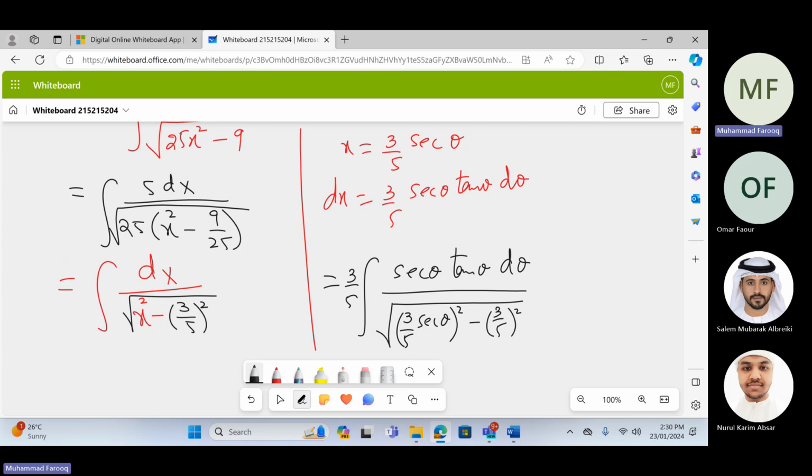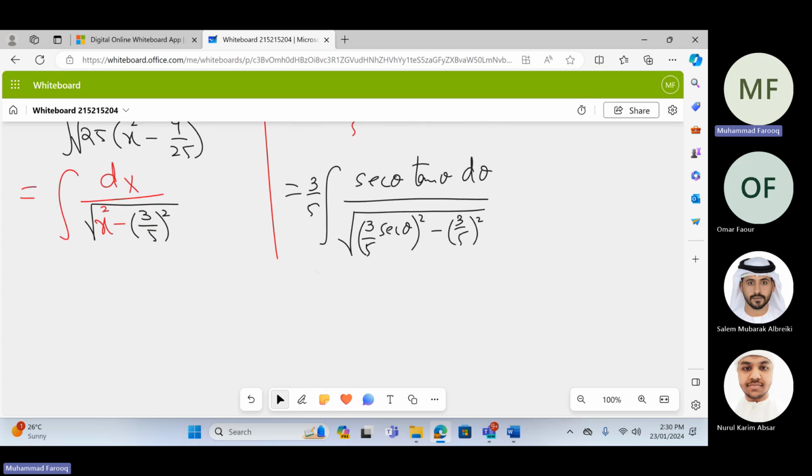And dx is 3 by 5 secant theta tan theta d theta. I just put the values, please. Okay, now what is 3 by 5 secant theta squared? Open it, please.